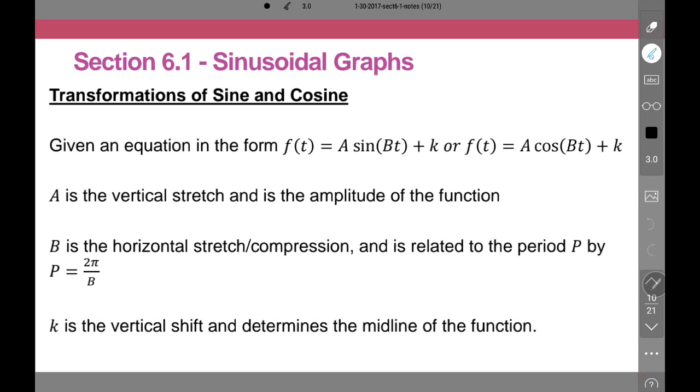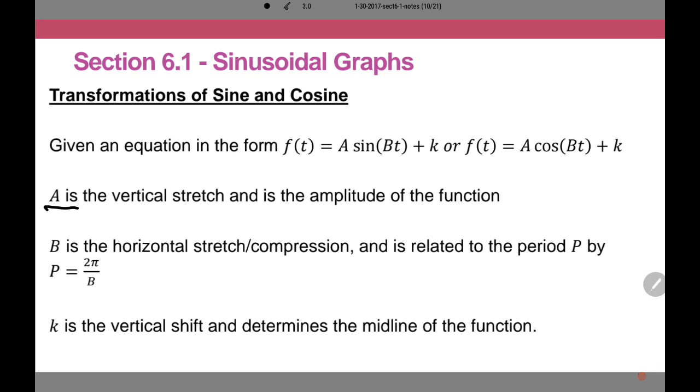So here's the real trick. When we have a graph of a function, or we want to make a graph of a function, we need to know how to start. So we've got a couple things. In this equation, in sine or cosine, the a is going to be our amplitude. So it'll usually be the first number you see when you look at these. b is the horizontal stretch and compression, which is related to the period.